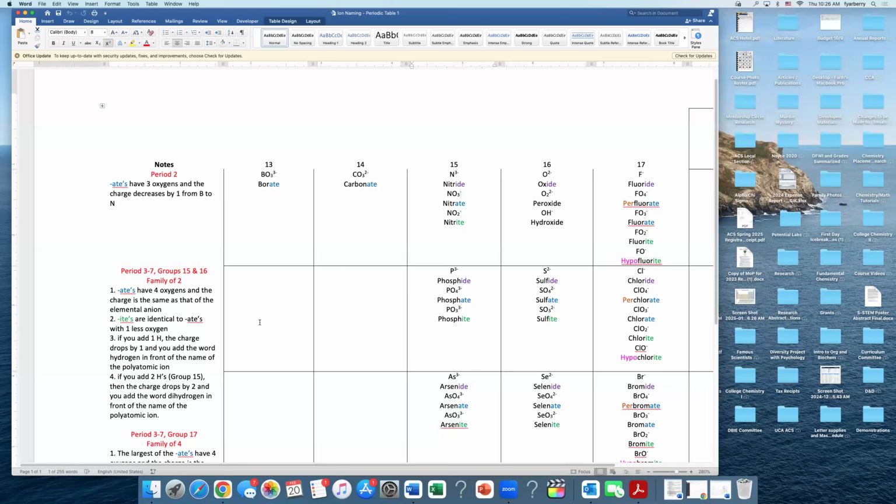So for example, sulfide, IDE, because it's in group 16, has a -2 charge. Sulfate is going to have a -2 charge as well. Again, this only starts at period 3. It's not valid for period 2. Period 2 is the oddball here. But starting at period 3, this works.